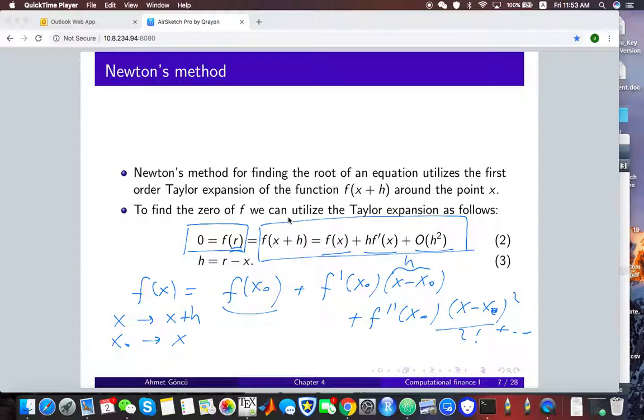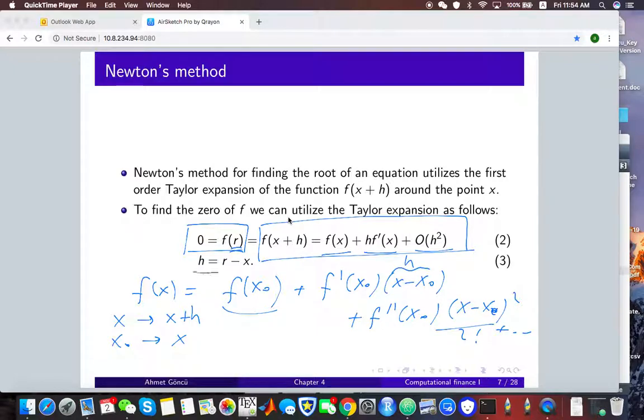So we are looking for this value of r, and the reason we write this now as x plus h is because we want to find this h such that we can find the root of this function. If we do this iteratively, we will find this h in every iteration of our algorithm so that we keep getting closer and closer to the root of this problem. This is what it means for being the root of this function.